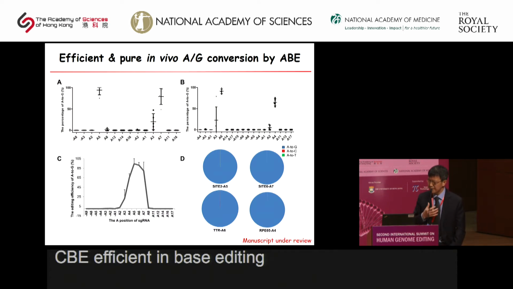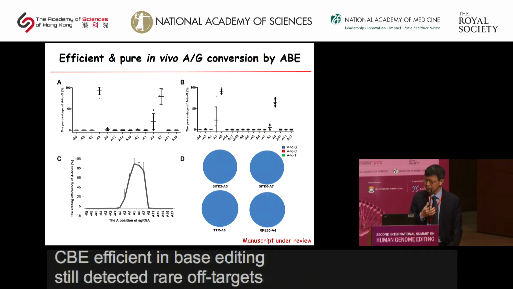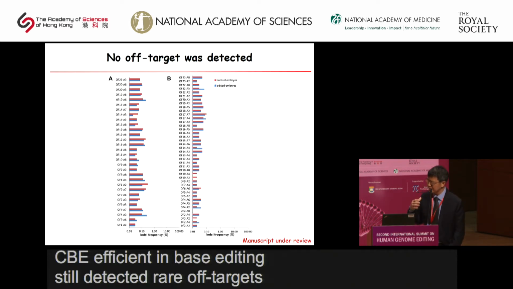Meanwhile, we performed efficient pure in vivo AG conversion by ABE, and conveniently no off-target was detected by deep sequencing combined with whole genome sequencing.